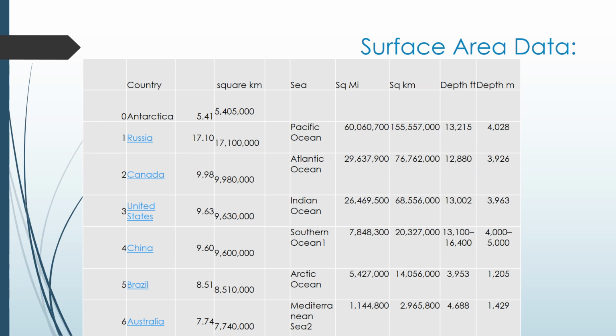Then I have the data for square kilometers, so you can see each one of those numbers all the way down. Then on the right side, I have the 18 seas and their square miles and square kilometers. So there you have square kilometers for each one of the 18 oceans and seas that they reported. Just for interest, I included depth in feet and meters.